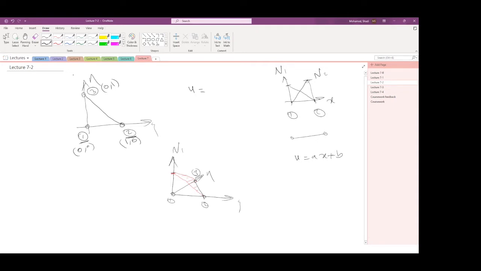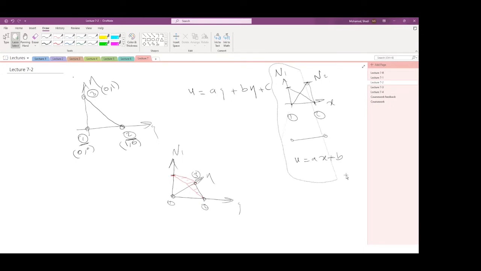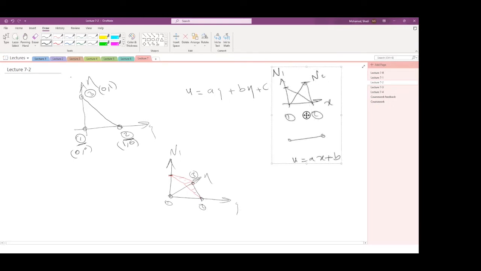A unique plane can be defined by a line and one node, or by 3 points. This is enough information to define a unique plane. So the equation for the plane is a xi plus b eta plus c. This is the equation we are going to use for the interpolation. I'll just remove this because we don't need that.